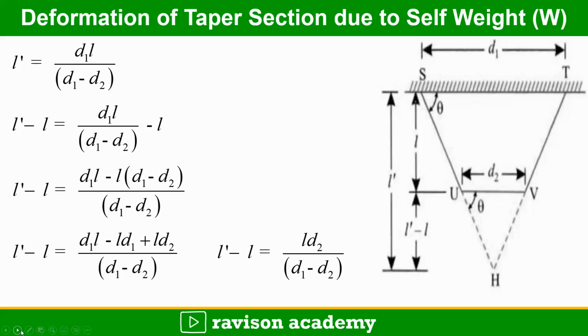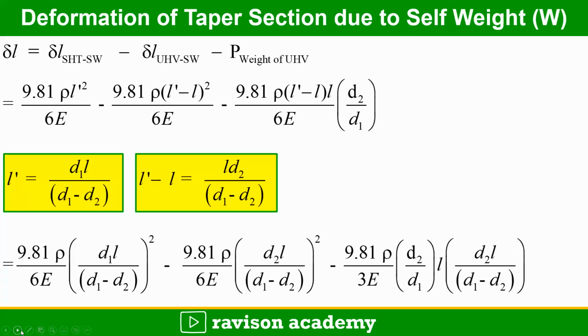Now L dash minus L can be found out by subtracting L from the previous equation, and L dash minus L will be L into D2 divided by D1 minus D2.